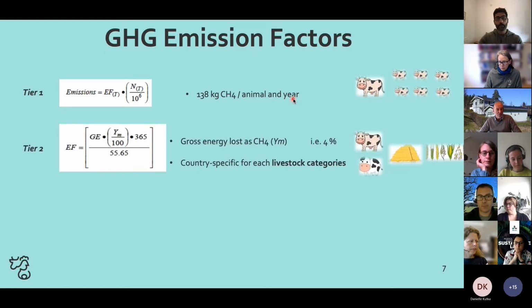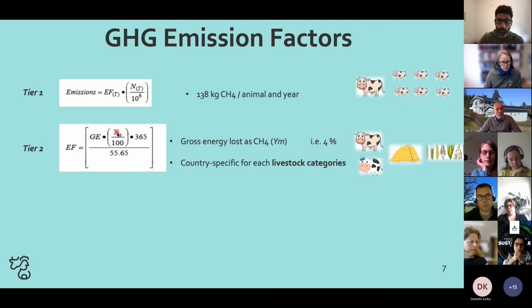We can go up in another level of complexity, the tier 2, which is the one that is used in most cases, in which we start considering other aspects of the system. In this case, the most relevant is the diet, so the composition of the diet, of the ingredients, and digestibility, and we obtain what we call the Ym, which is the emission factor that determines how much of the original energy in the diet is lost as methane in percentage.